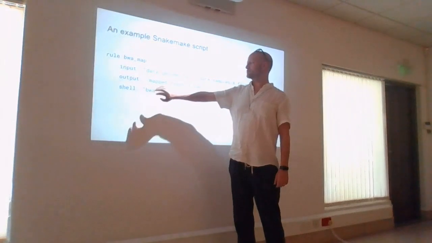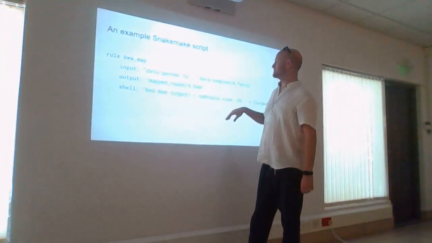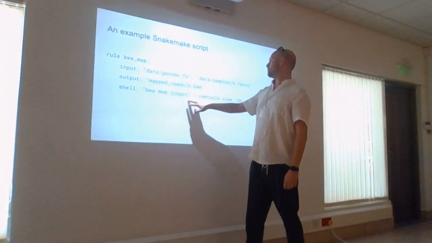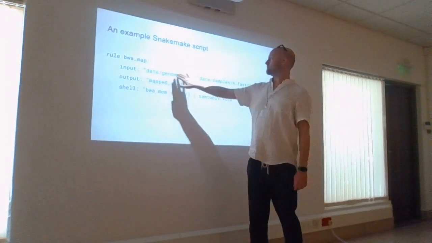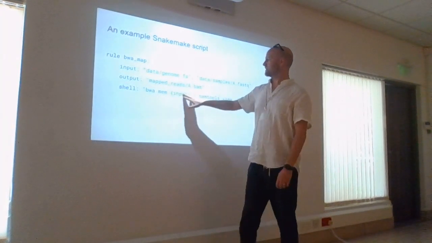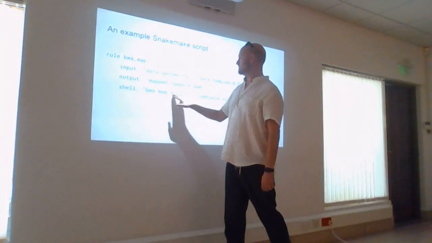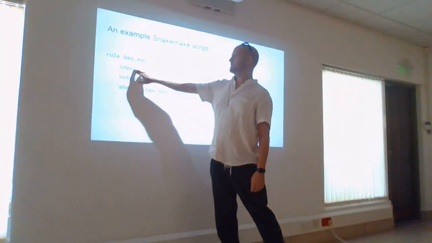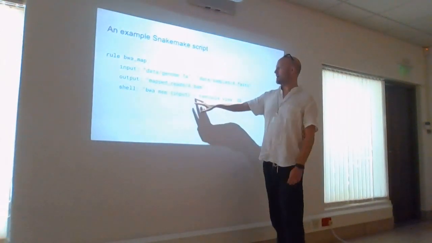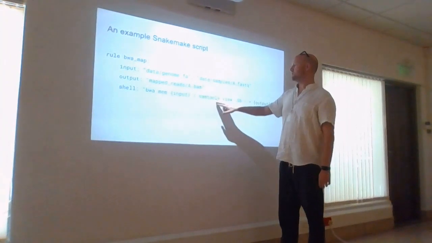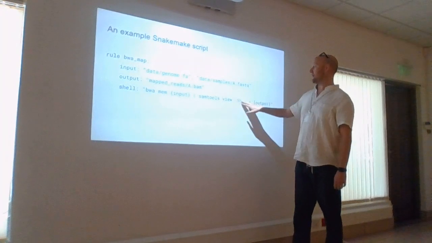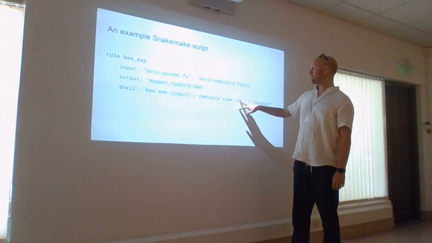On the command line, you would just type bwa mem, and then give your reference genome and your FASTQ in that order, and you would pipe it. So input is a Snakemake keyword, and it knows that you mean what's been entered at the input stage. Then pipe, like a Unix pipe, to samtools view, input file, and this flag tells it that the input file is a SAM and the output file is a BAM.